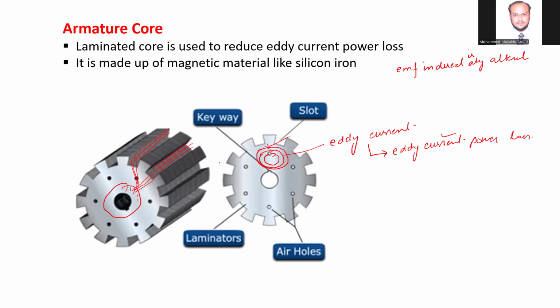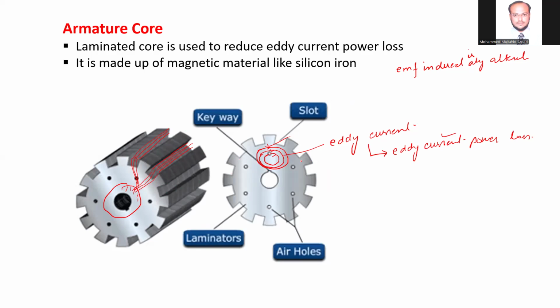In between there is a varnish, meaning the complete structure is dipped into varnish and then baked in the oven. So every plate is insulated from the next plate, and that's why the resistance also increases. It depends upon the thickness of the lamination, and hence it is possible to reduce the eddy current loss.